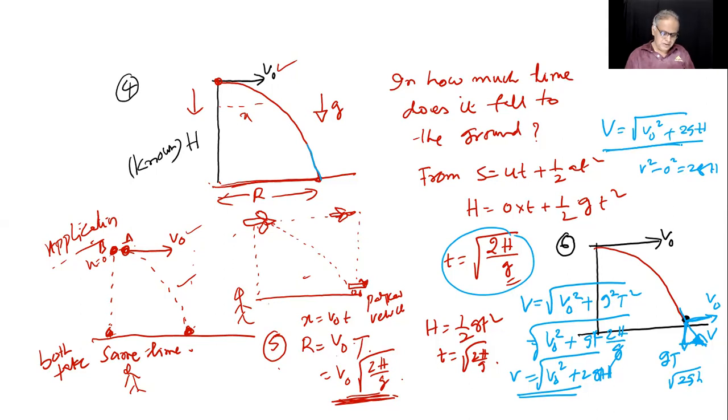So now immediately after this, there should be a revision kind of a thing. Summarization or list of formulas. So if you finished it, I'll make you list out the formulas for me. So one type of the motion we covered.